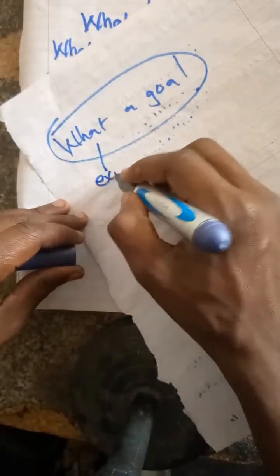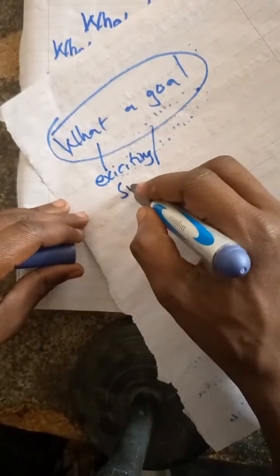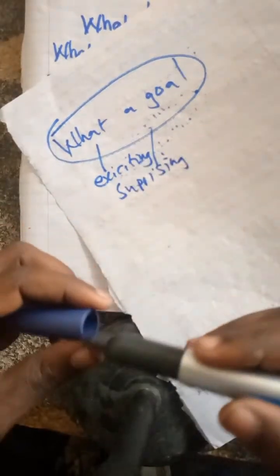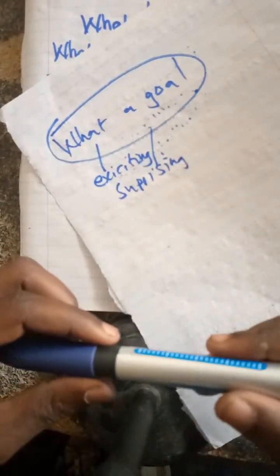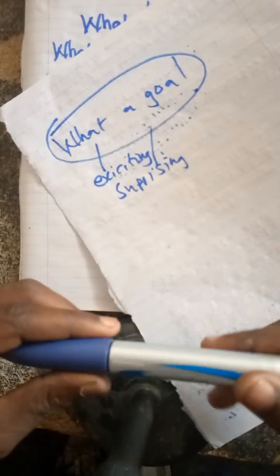Number one, excitement. If not excitement, then something which is surprising. Excitement or surprise. That's what the what clause entails or shows.